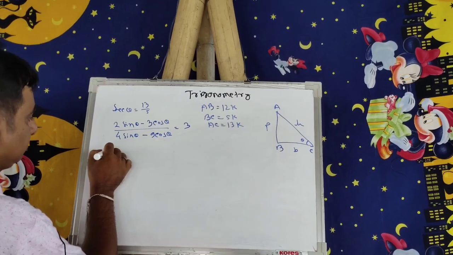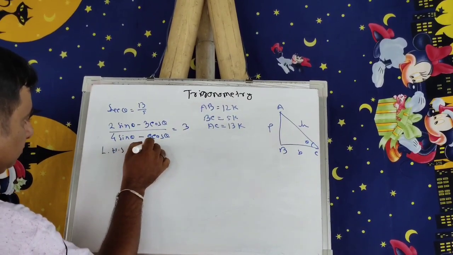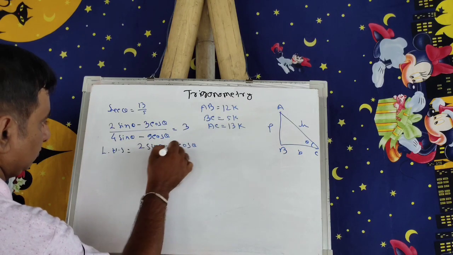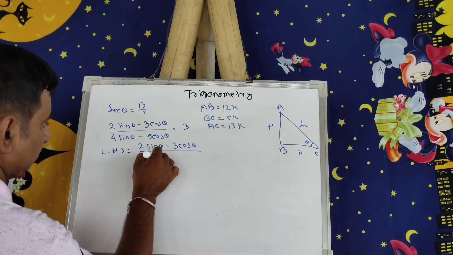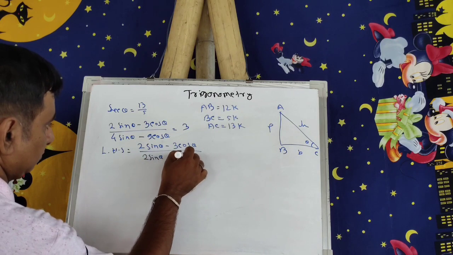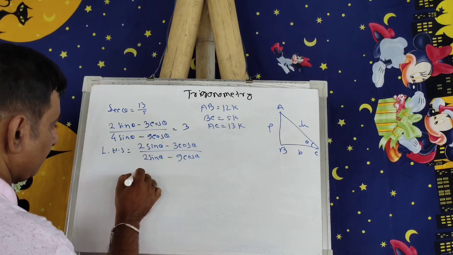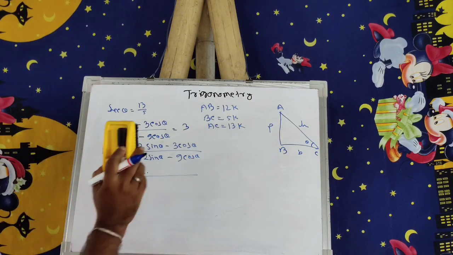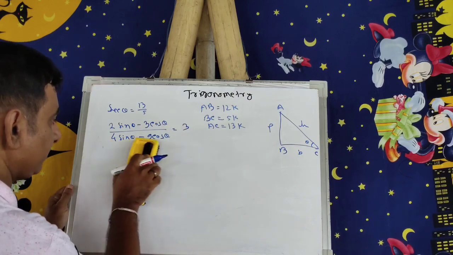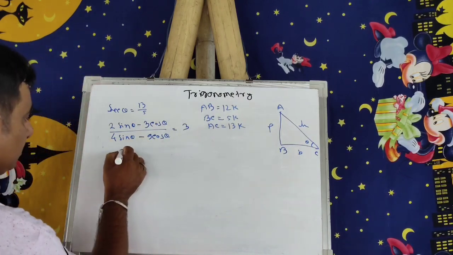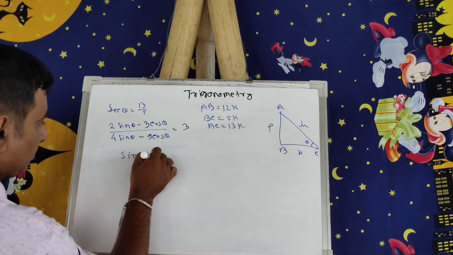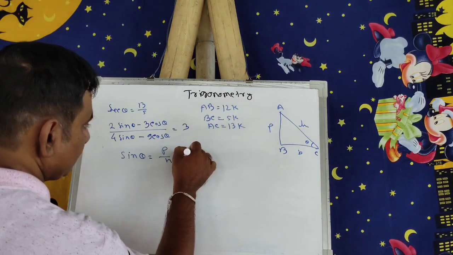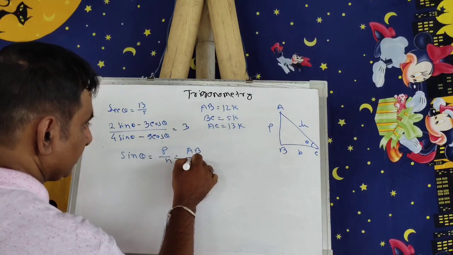Now, LHS. Okay. So, 2 into sin theta, oh sorry, first I need to calculate the value of sin theta and cos theta. Now, sin theta equal to P by H. So, P means AB, H means AC.